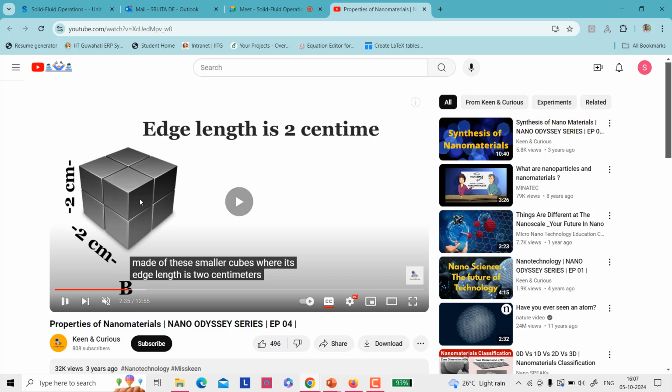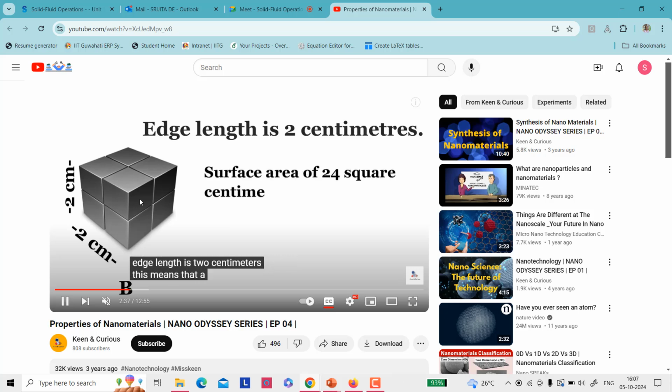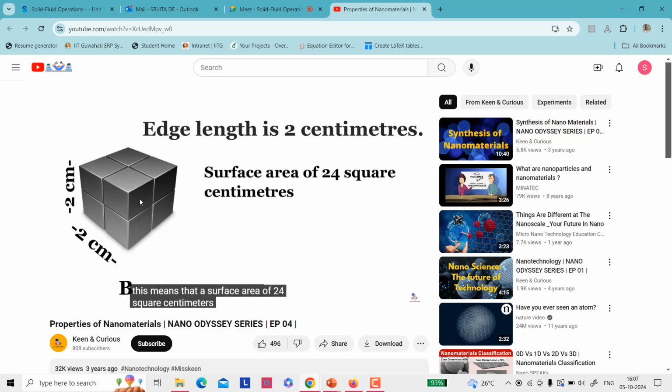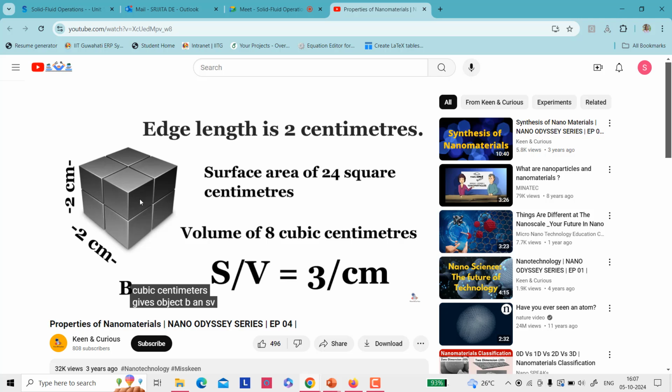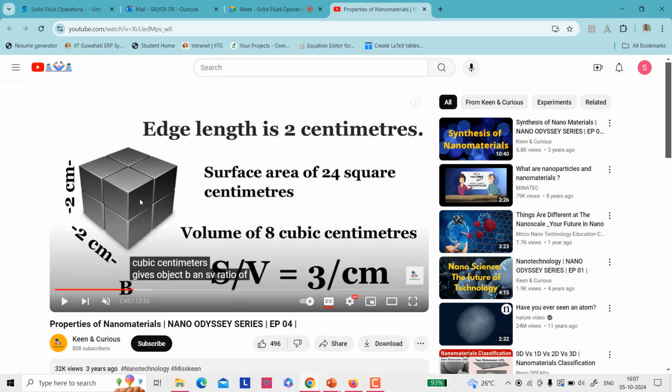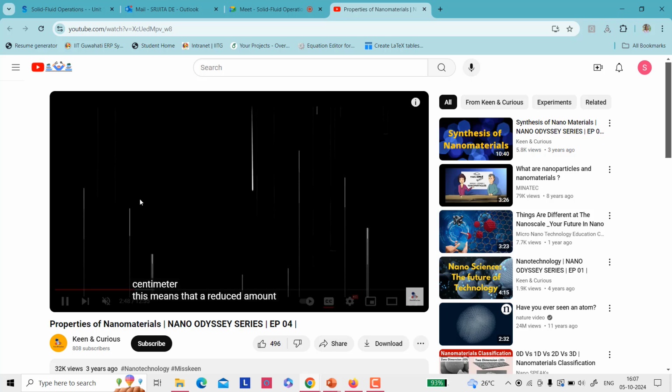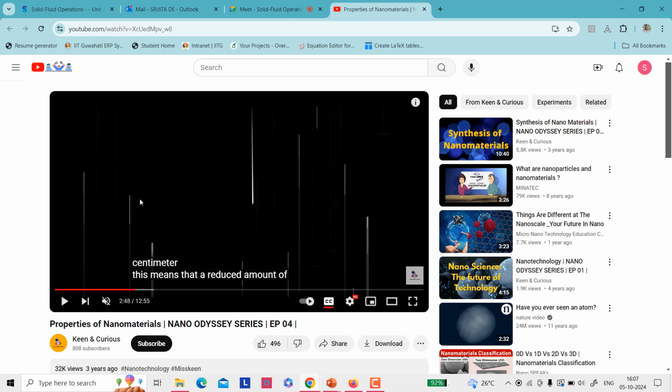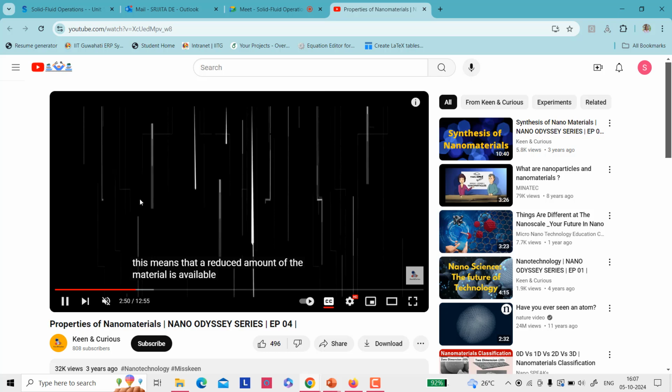This means that a reduced amount of material is available to interact with any external factors. As the cube's edge length goes on increasing, the surface to volume ratio will decline and so will the expected interaction capability of the object.